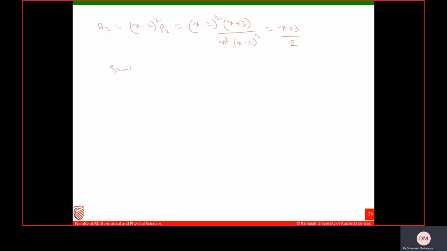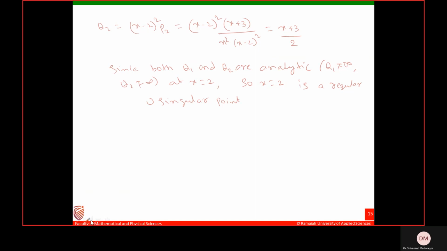Since both Q1 and Q2 are analytic, that is Q1 is not equal to infinity and Q2 is not equal to infinity at x is equal to 2, so x is equal to 2 is a regular singular point.